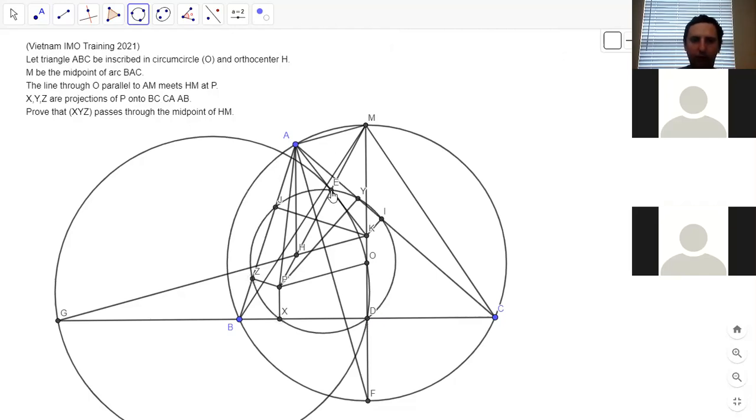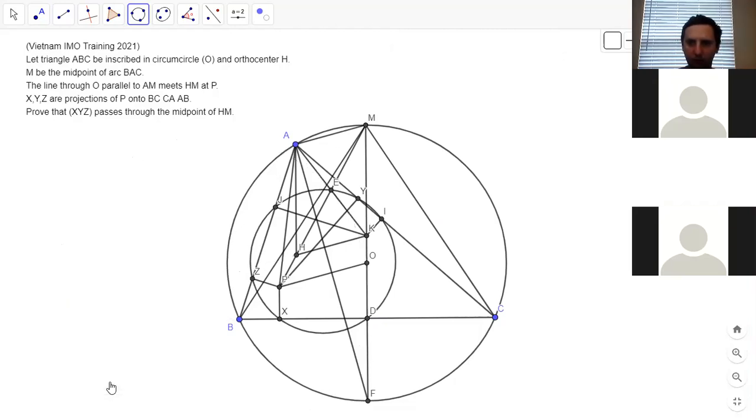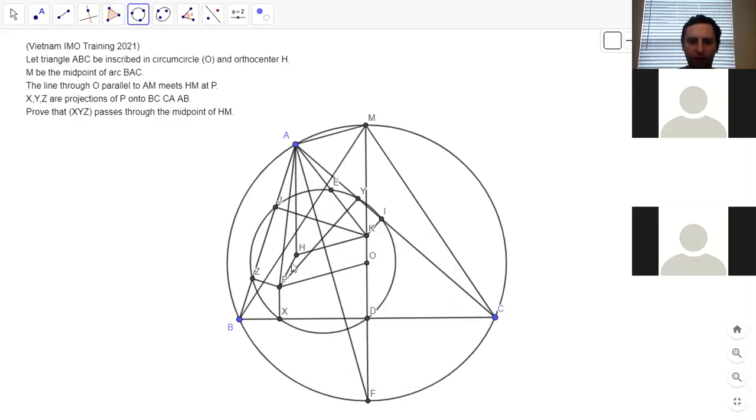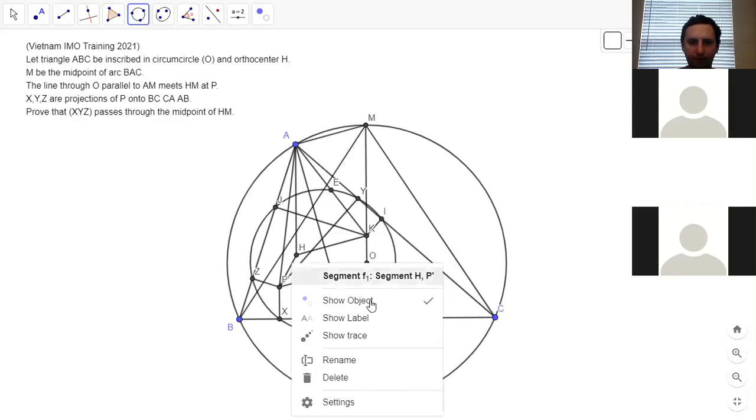We just wouldn't know yet that E lies on it. Okay, and then we want to show, I can delete G. All right. Oh, that's true. We wouldn't know yet that it lies on HM. So we need to show that it lies on HM.